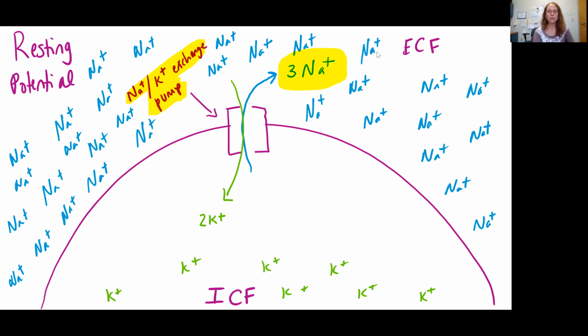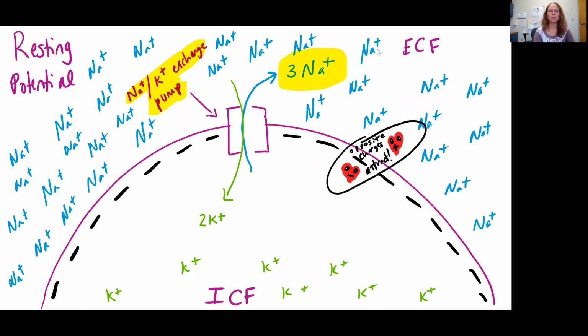Because you have this difference in how much positive charge you have across the membrane, we're going to be seeing anything with a negative charge hanging out right inside the membrane because it's super attracted to the positively charged sodium that's in the ECF, because remember, opposite charges attract.